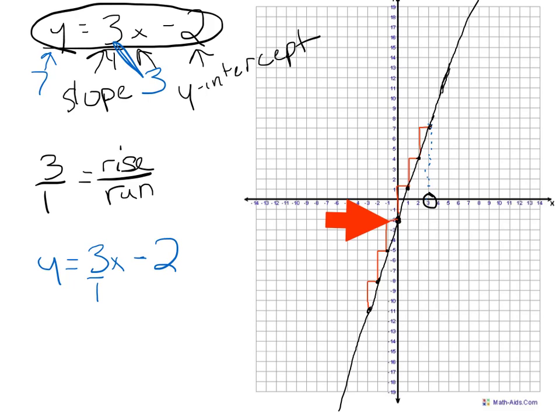Up 3 over 1, up 3 over 1. Now, once you get into the negative, that might be down 3 over 1. As we get more and more into it, we'll see the difference between positive and negative slopes, and we'll get a lot of practice with the slope-intercept form. But that's the basics of slope-intercept form, how you can graph that just using that y-intercept and the slope.